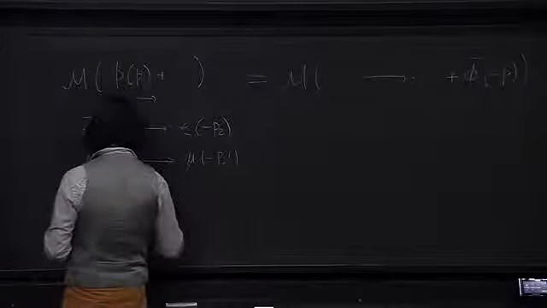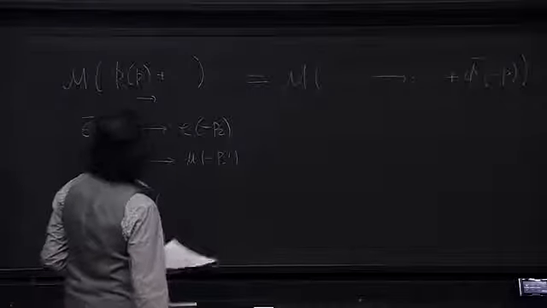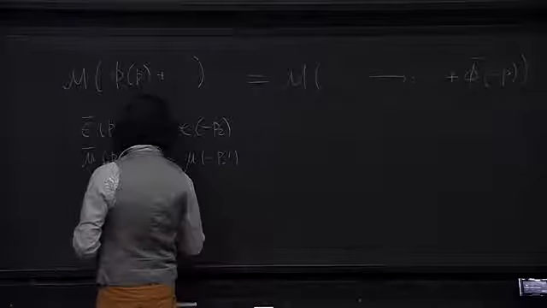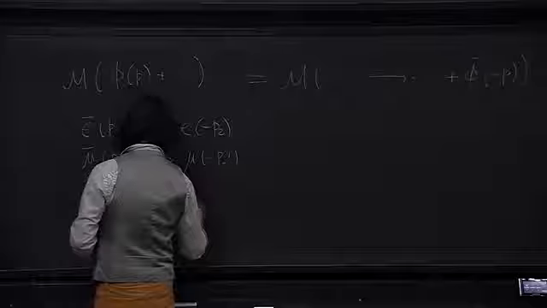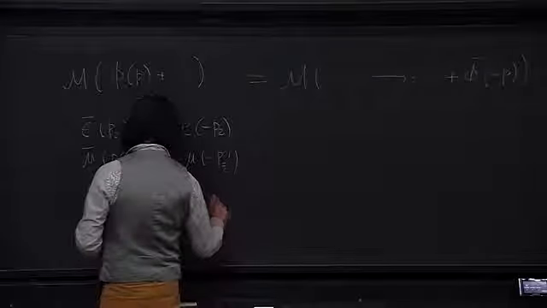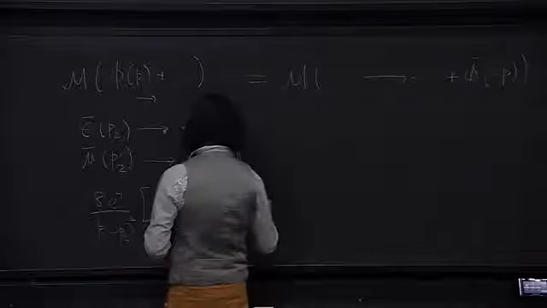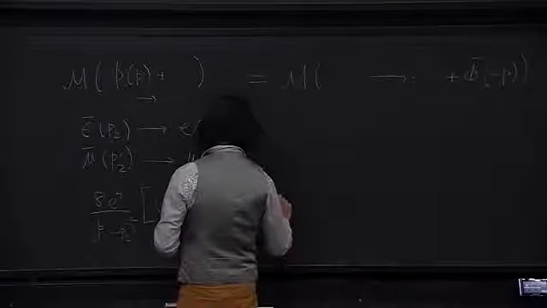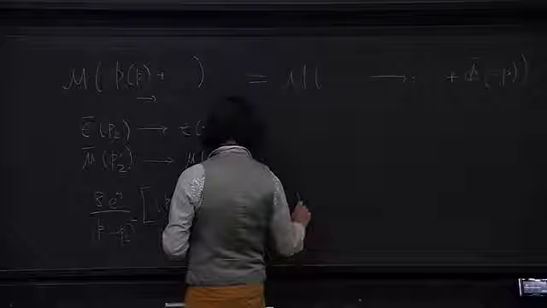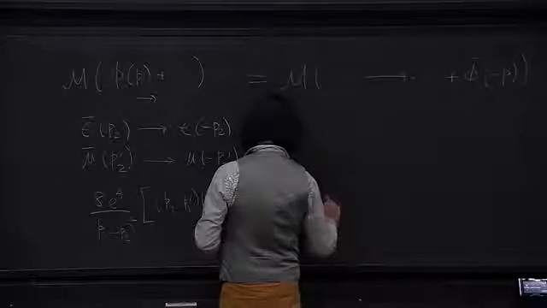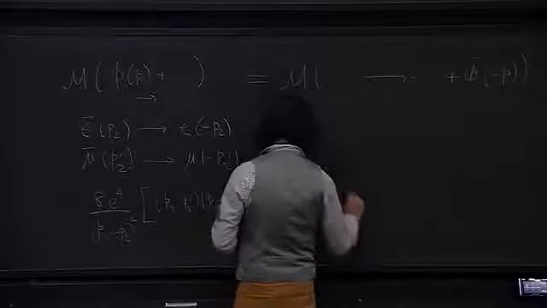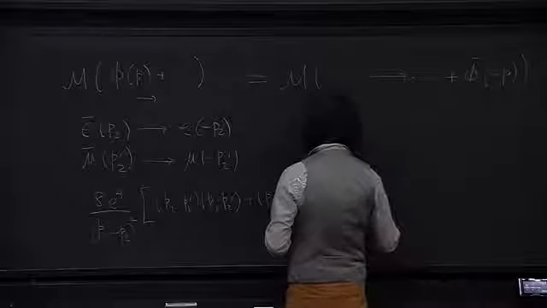And inside, you get P2 dot P1 prime, P1 dot P2 prime, plus P2 dot P2 prime, P1 dot P1 prime, and then the sign flips here.